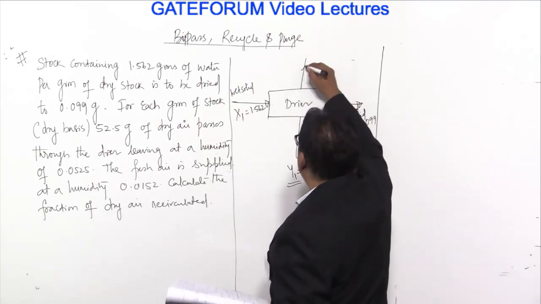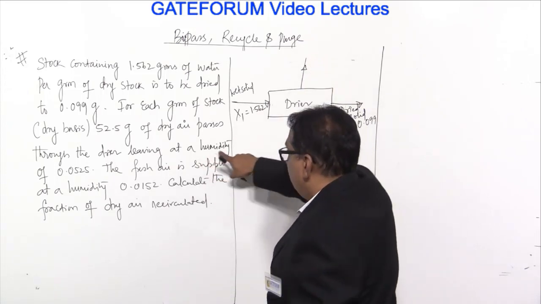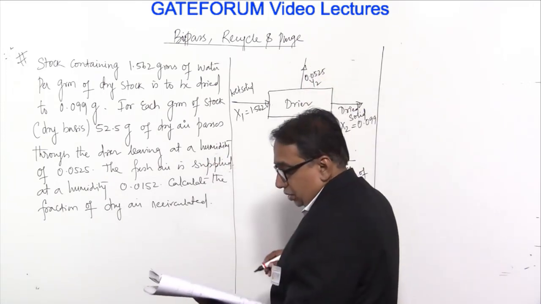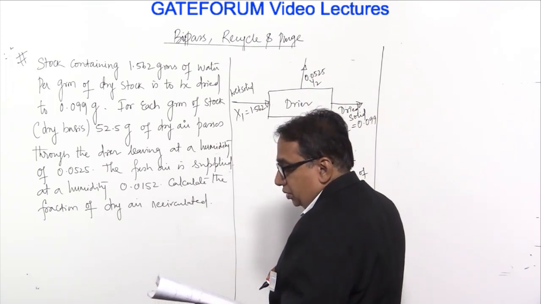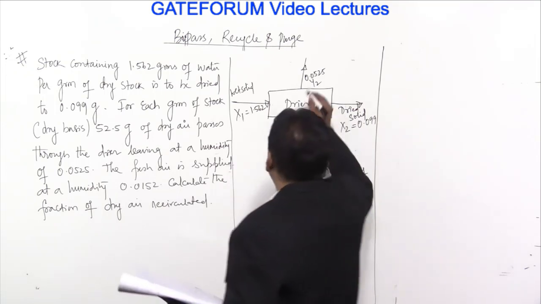After leaving the dryer, the air has a humidity of 0.0525. This is Y2. The fresh air is supplied through the dryer, leaving with this humidity. Calculate the fraction of dry air recycled.